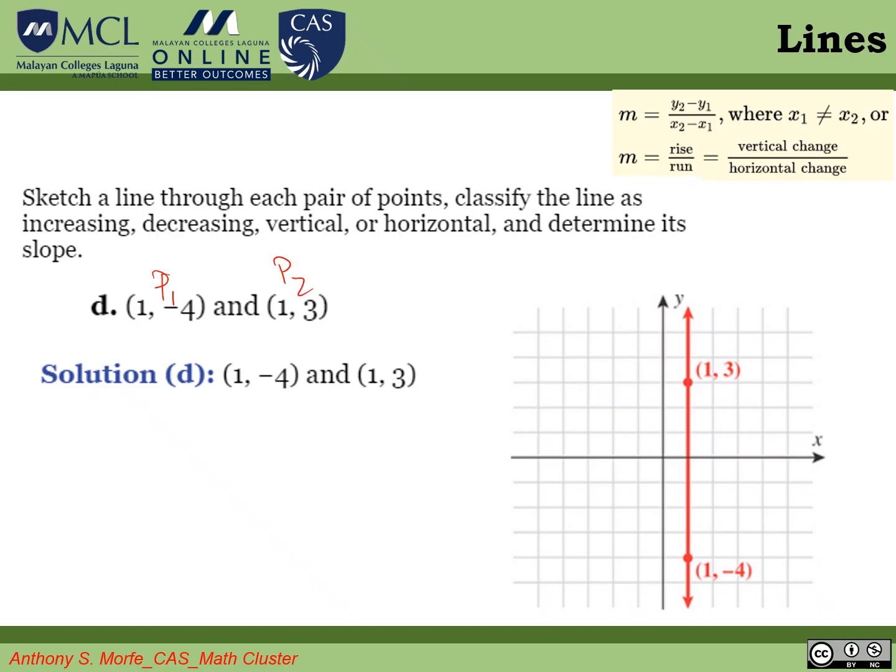So if this is P1, this first number is our x1, or x sub 1, this is our y sub 1, and this is our x sub 2, y sub 2.